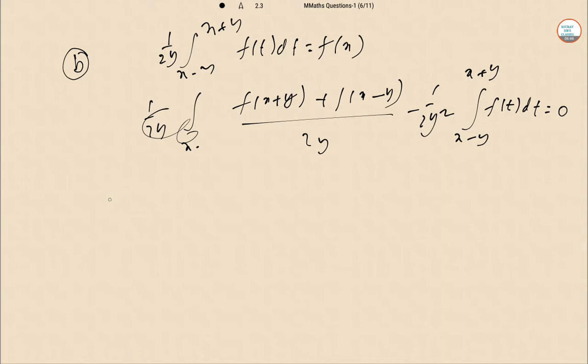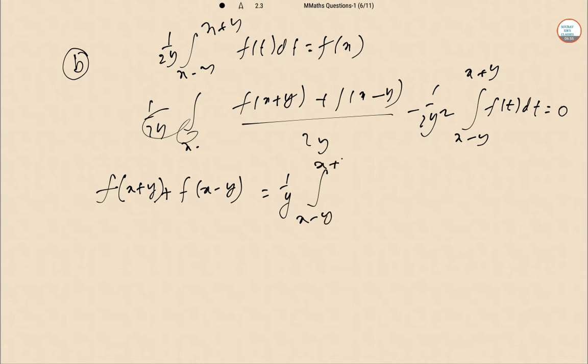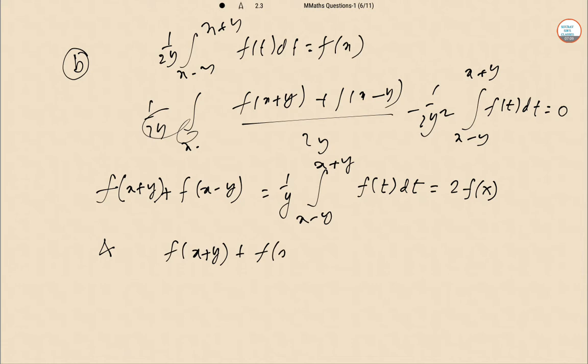So it follows that [f(x+y) + f(x-y)] equals 1 by y times the integral from x-y to x+y of f(t) dt, which is equal to 2 times f(x).